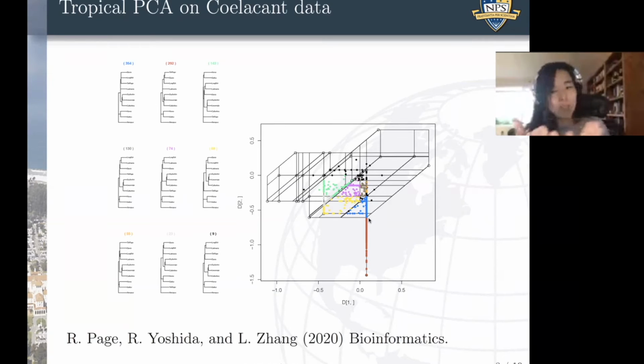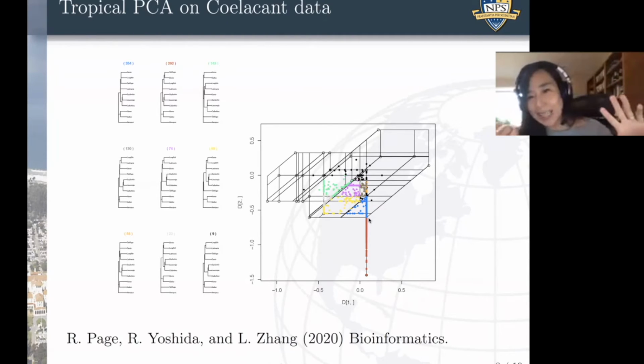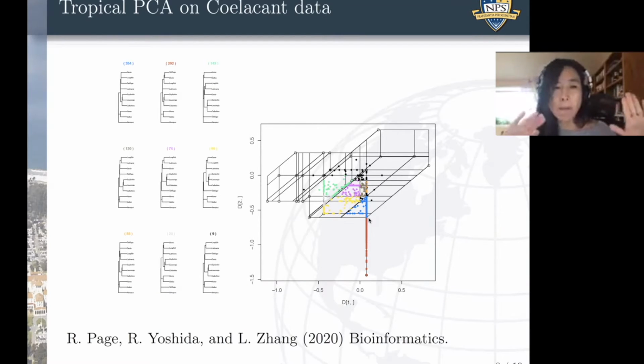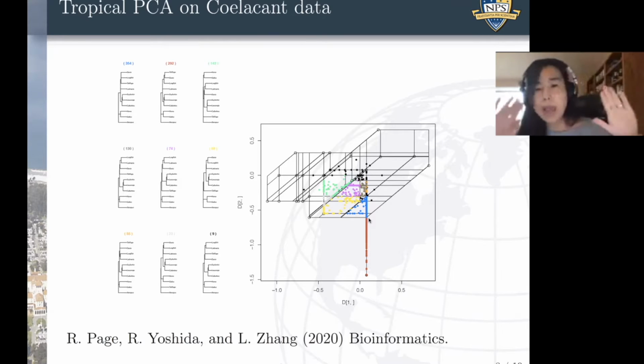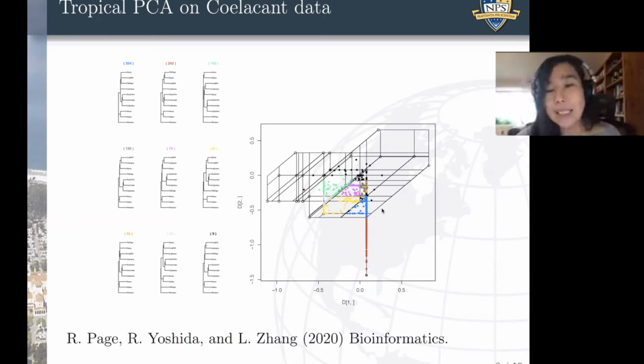We have the data set all over the tree space, and we try to calculate the tropical polytope so that the sum of the tropical distance between the projection onto this polytope and each data point is minimized. That's what we call the principal tropical polytope, the best fit tropical polytope to explain this given data set.